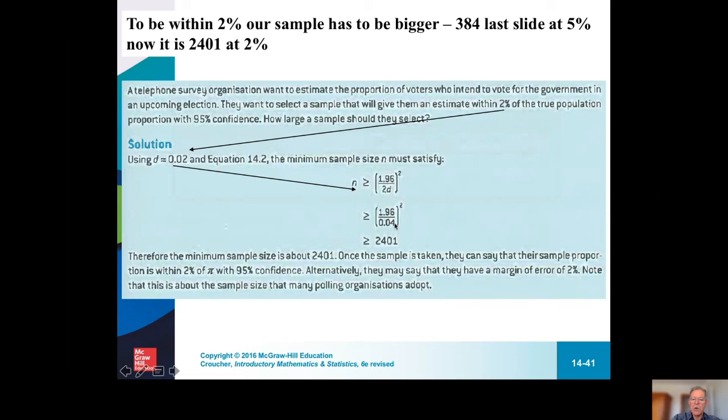We get 0.04 in the denominator, and when we square that, our sample size has to be much bigger, 2,401, if we want to be within 2% error and 95% confident. Sample size much bigger. The bigger the sample, the more confident we can be that it's a reliable estimate of the rest of the population.